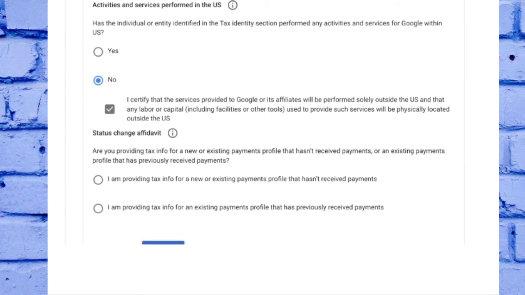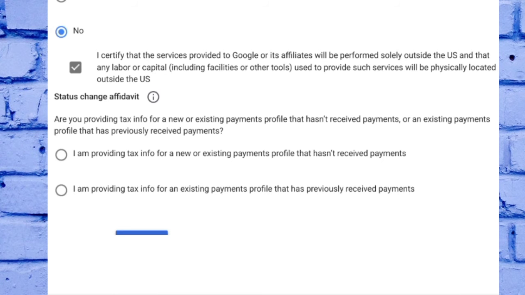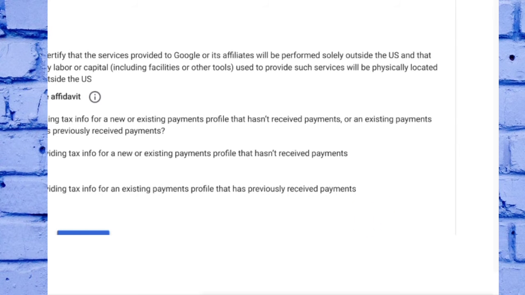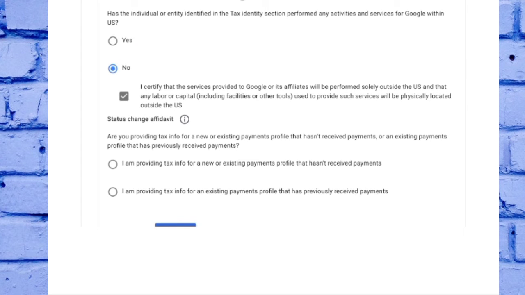Then, the next is, are you providing tax info for a new or existing payments profile that hasn't received payments, or an existing payments profile that has previously received payments? So, dito sa last question, guys, kapag yung first choice is kung bago kayo tapos hindi pa kayo naka-receive ng sahod kay YouTube, so i-check nyo yan.